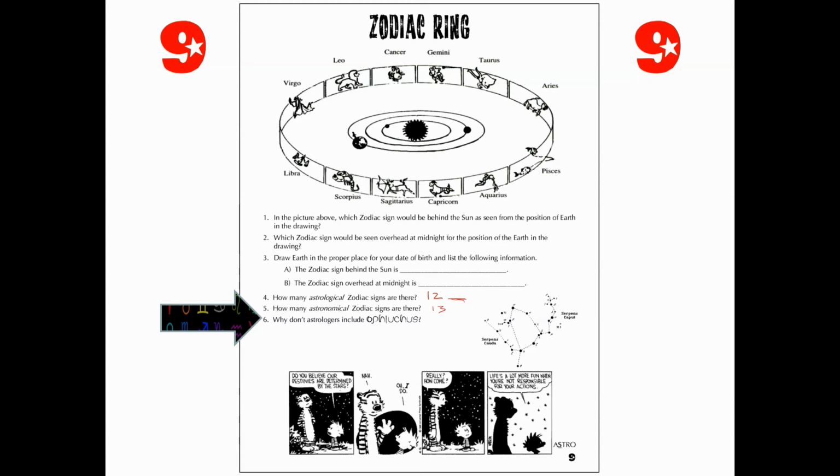This isn't to say astronomers all of a sudden saw Ophiuchus was there. It's just that Ophiuchus hasn't been included in astrology, kind of the 12-month, 12-star pattern thing. Now, there are some philosophies of astrology that will consider the 13th zodiac sign, Ophiuchus, as part of their horoscopes or life scopes.